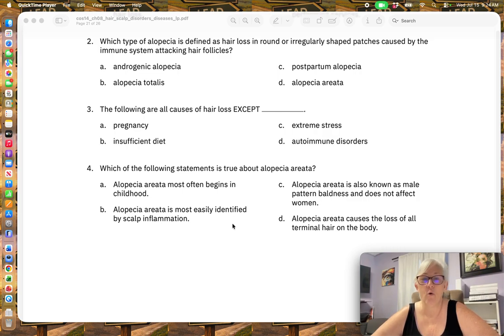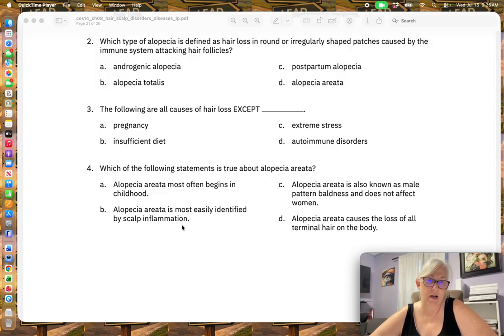All right, well, the only one that could possibly make sense is A. Let me just check for A, yeah. Alopecia areata most often begins in childhood. It probably is caused by the immune system, so that's something that's going to begin way early. Scalp inflammation doesn't necessarily have anything to do with it.